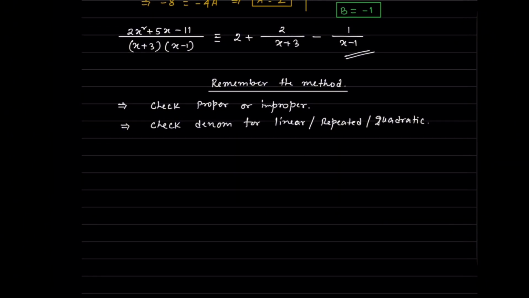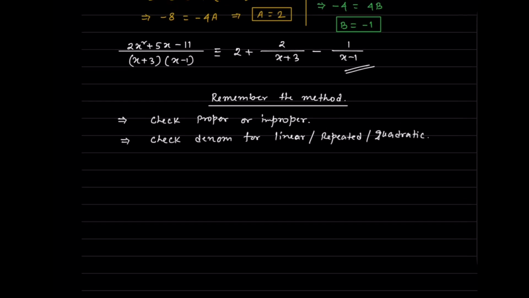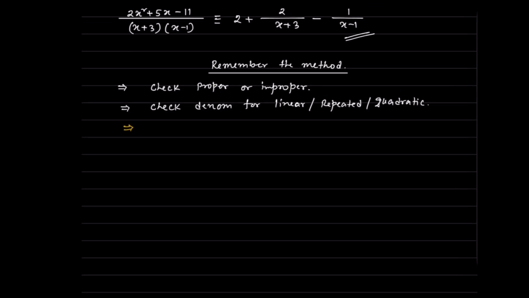Number 3, for linear, no new value of x is needed. That means you just take one by one factor as 0 and you can get the results of a, b and c. You do not need to take any x value from outside.